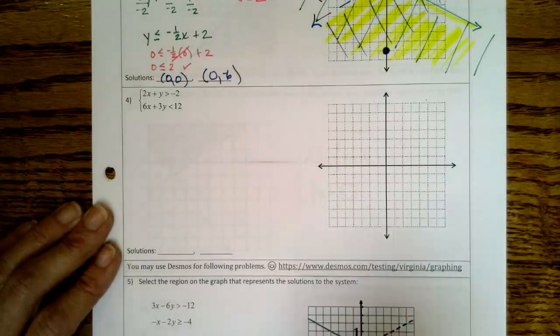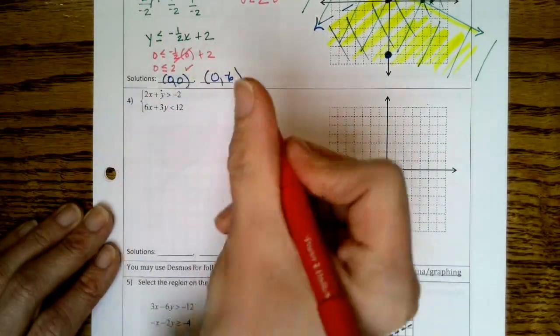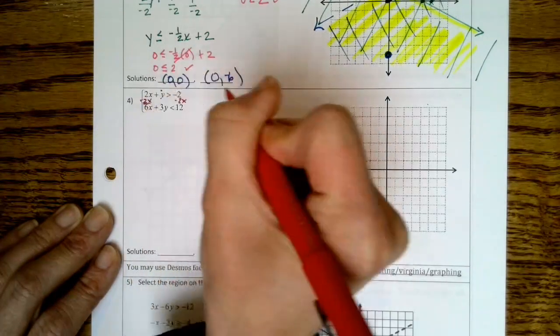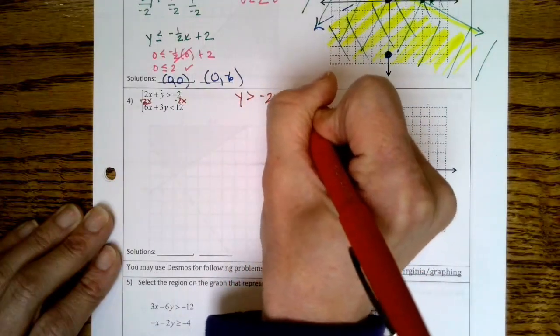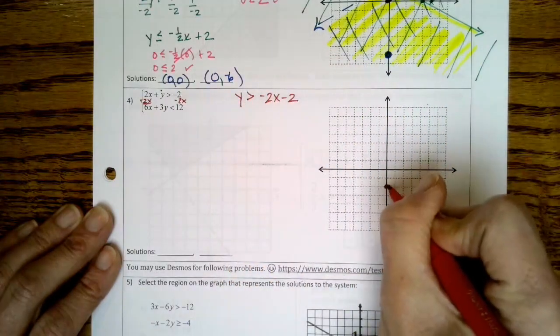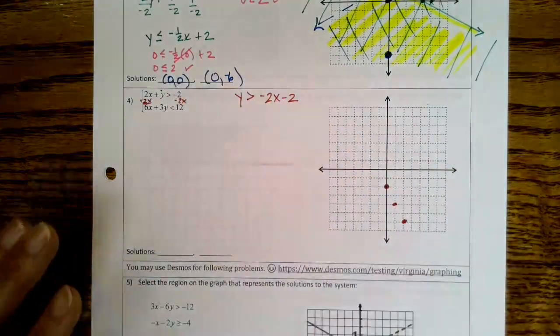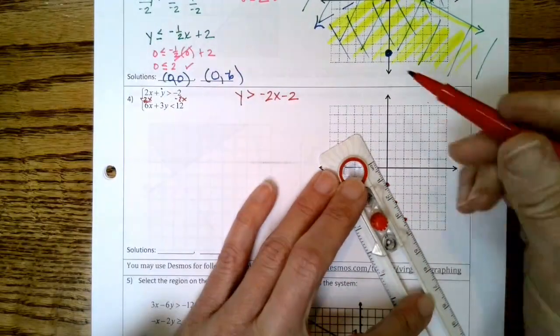All right, our next one. When I go to solve for y, I'm going to subtract 2x from each side. So positive y is bigger than negative 2x minus 2. Here's my minus 2, down 2. I look back, there's no line, so I'm going to dot.